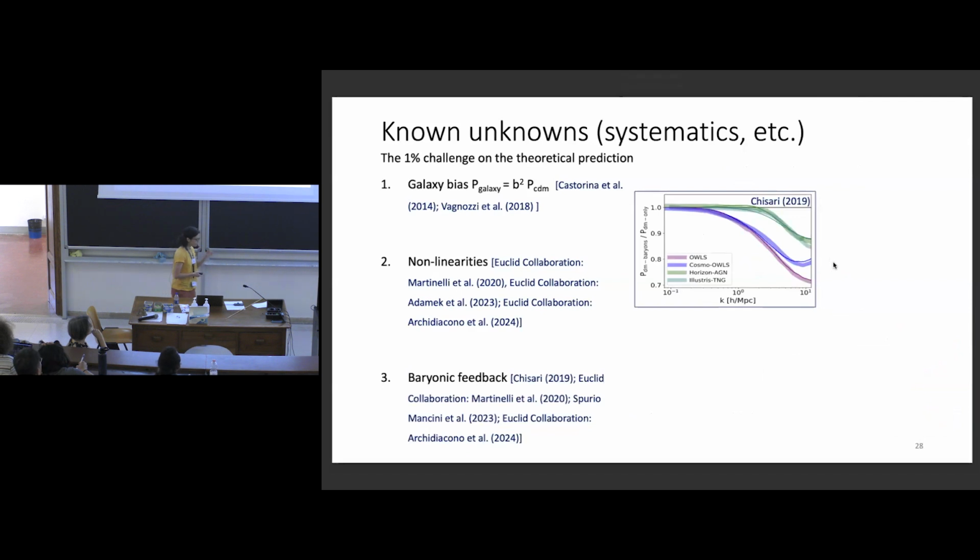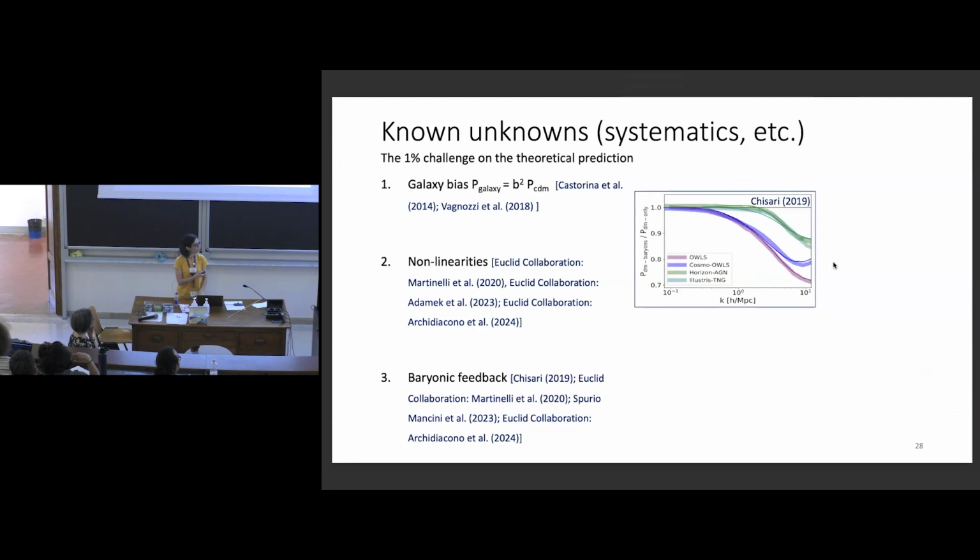Then finally, on small scales, we have one more source of uncertainty, which is the baryonic feedback. Baryonic feedback accounts for all these processes like gas cooling, supernovae feedback, and the impact of AGNs.